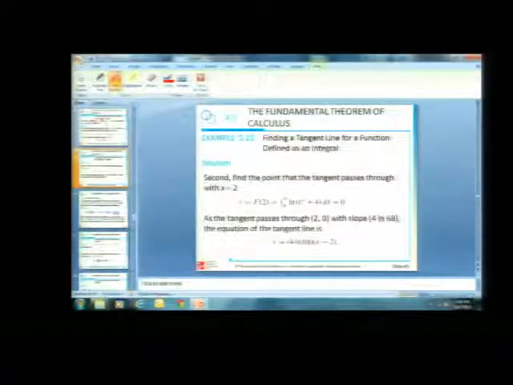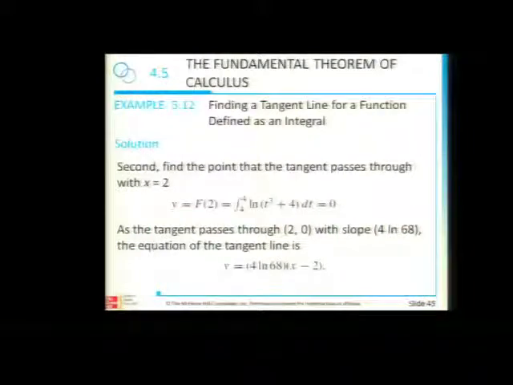When you integrate something from a to a, it is always 0, isn't it? So you get 0. So that means the tangent line passes through the point (2, 0), x equal to 2, y equal to 0. And the slope is what we have found using the fundamental theorem part 2, which is 4 log 68. Therefore, we can form the equation of the straight line. So that's the answer. All right?